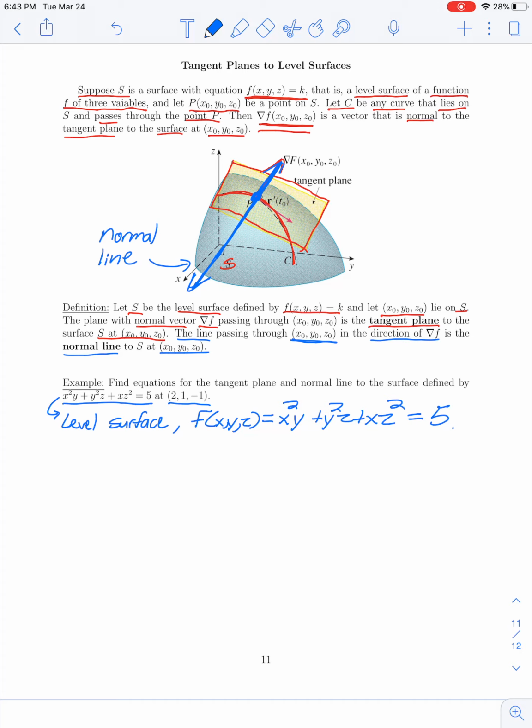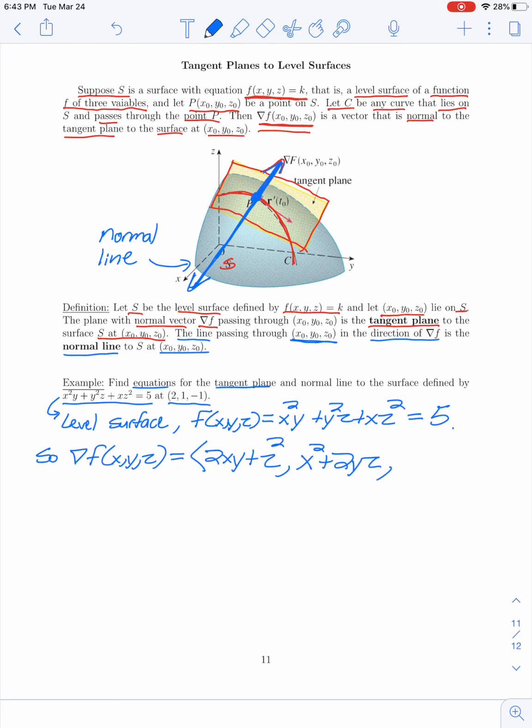And we know that the gradient vector for this function is normal to our tangent plane. So if I wanted to find the equation of my tangent plane, I would need to find that normal vector. So let's start by finding grad f in terms of x, y, and z. So here our first component, the derivative with respect to x, is 2xy plus z squared.